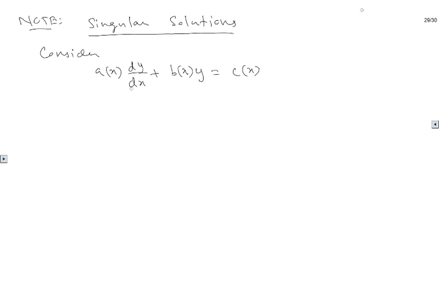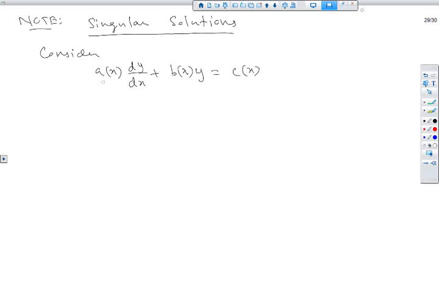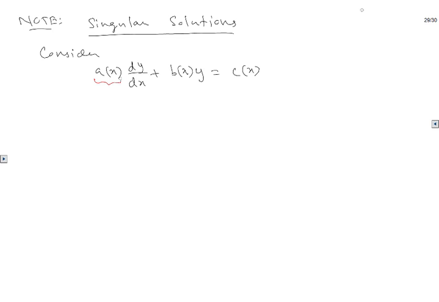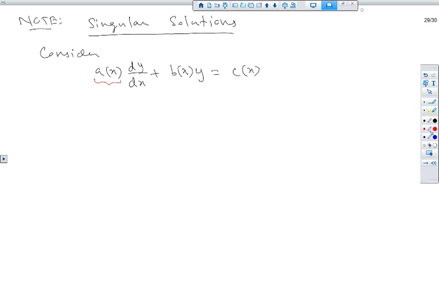If you see a point where the a(x) function becomes 0, you call those singular points. a(x) is the coefficient of the derivative term.